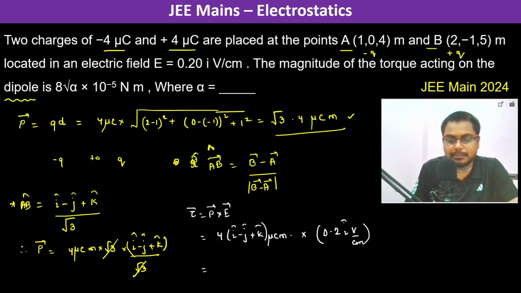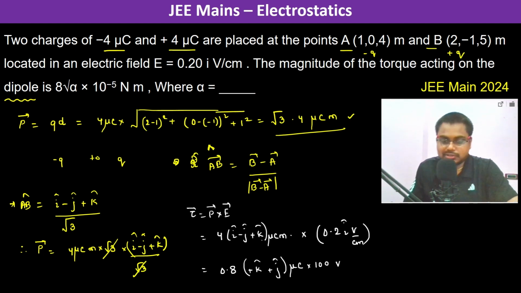Now i cap cross i cap is 0, so this is 0.8. Now j cap cross i cap is minus k cap, so this is going to be plus k cap, and k cap cross i cap is j cap, so it's plus j cap mu coulomb. This was volt per centimeter, so this is going to be into 100, and this is volts.